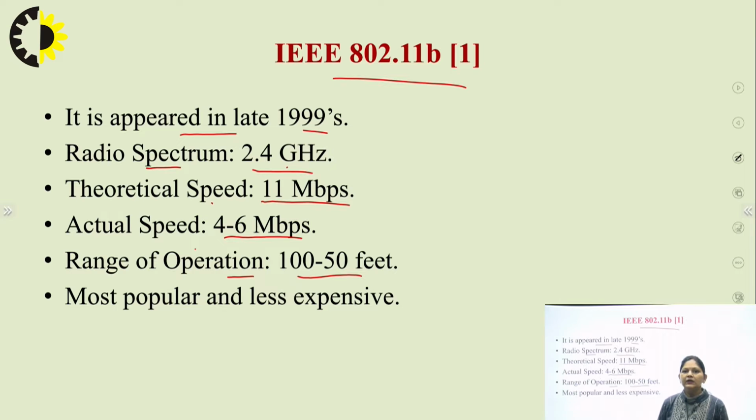As you can see here, in Wi-Fi, the important parameters are speed, the frequency that we are using, as well as the range of operation. All these protocols will be differentiated on the basis of speed as well as the range of operation. This is the most popular and less expensive one.